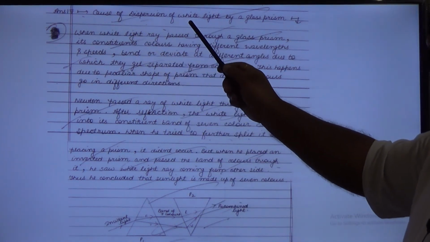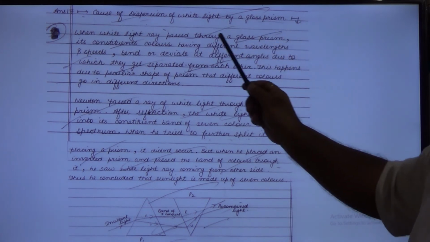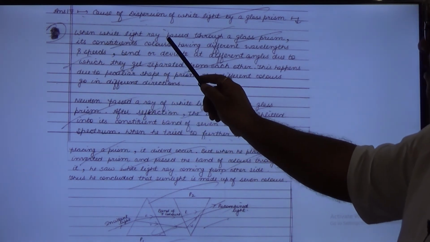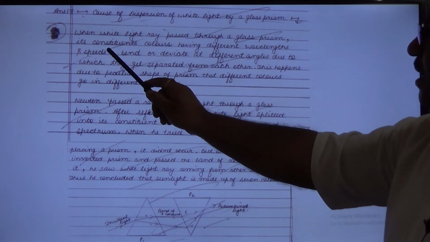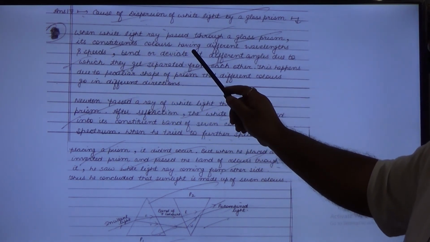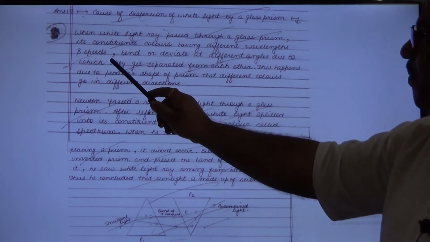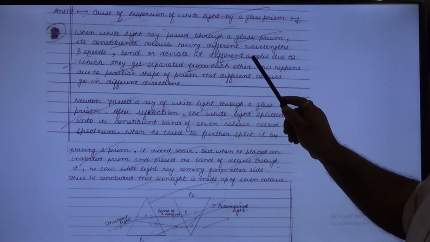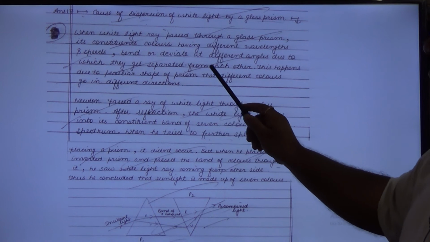Cause of dispersion of white light by a glass prism. One arrow he has put and there is an answer. What is that? When white light ray passed through a glass prism, its constituent colors having different wavelengths and speeds bend or deviate at different angles, due to which they get separated from each other.